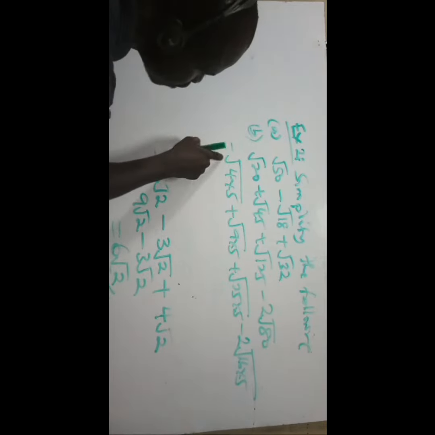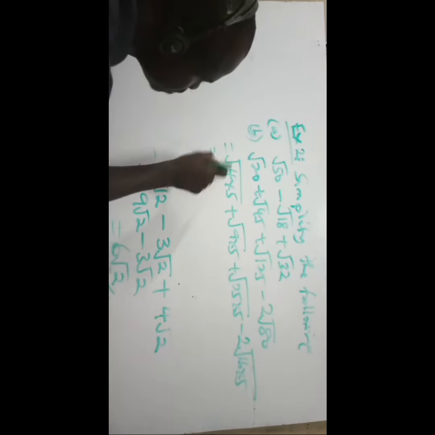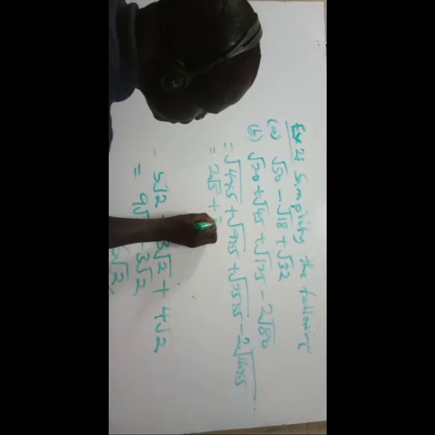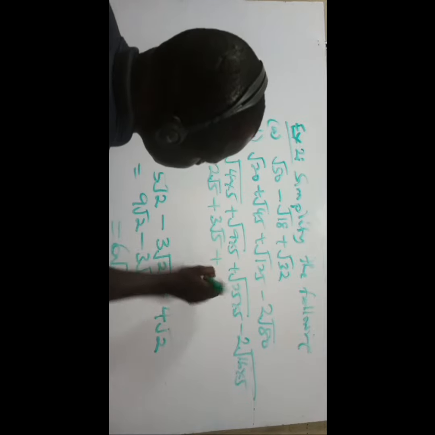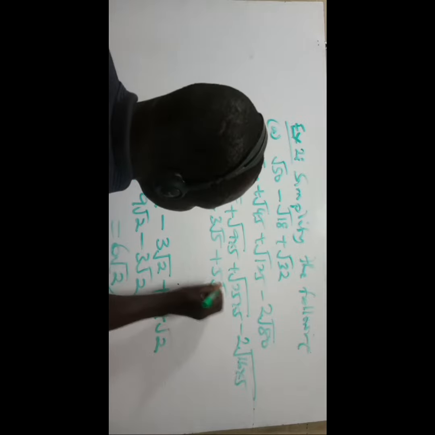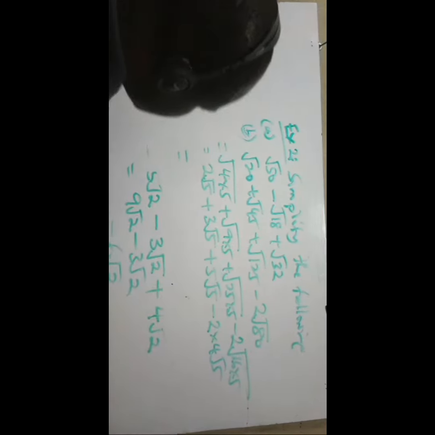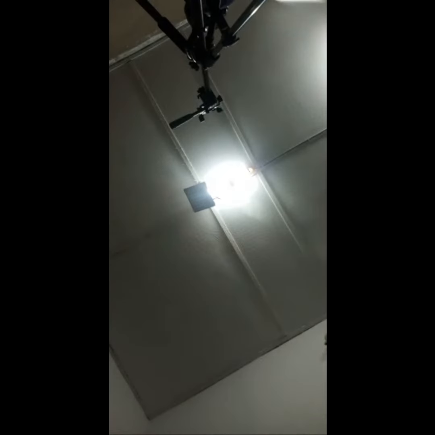So what is the square root of 4? It is 2. So this automatically becomes 2 square root of 5 plus this will be 3 square root of 5 plus this will be 5 square root of 5 minus 2. This is outside the square root. So what is the square root of 16? 4. That will be 2 times 4 square root of 5. So what do I have here? Of course, they are similar surds, because square root of 5 is common to everything.